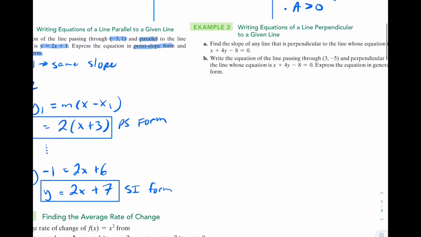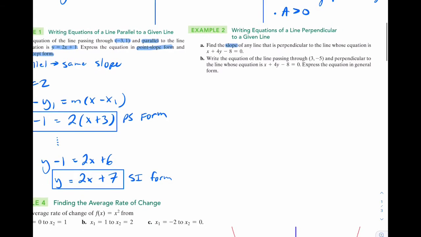Find the slope of any line. So looking for the slope that is perpendicular to the line whose equation is that. Okay, so recall that for perpendicular slope, that simply means opposite reciprocal.